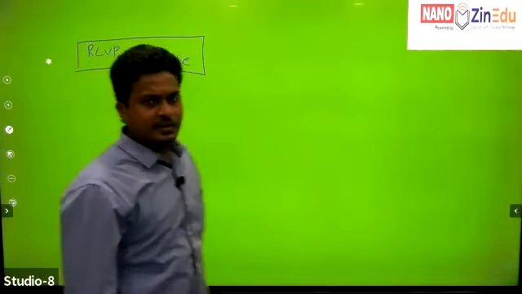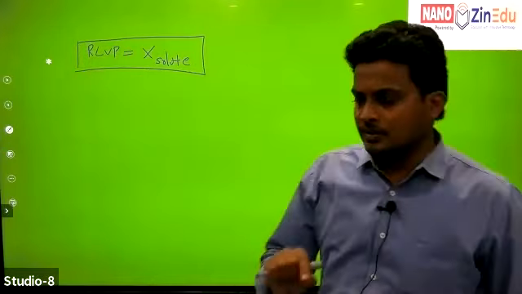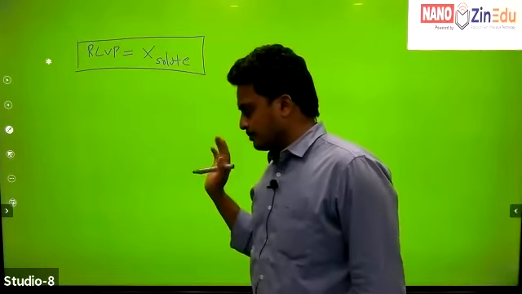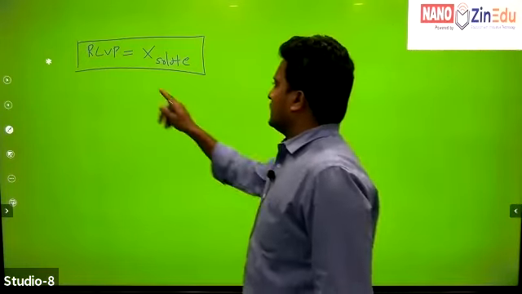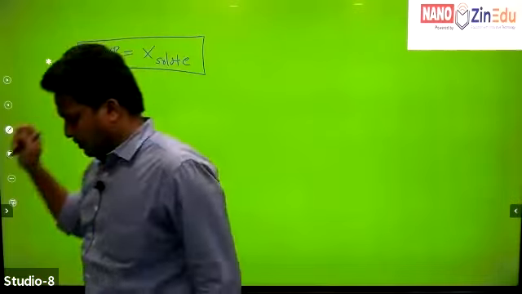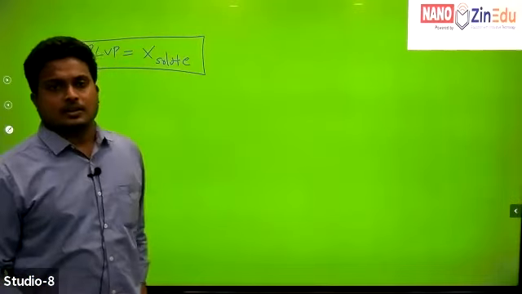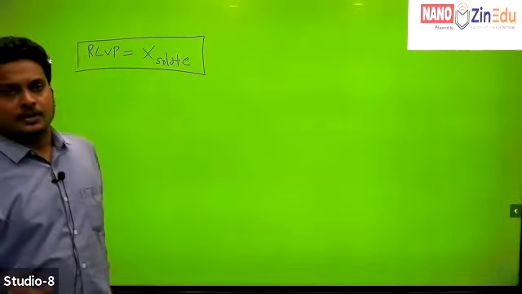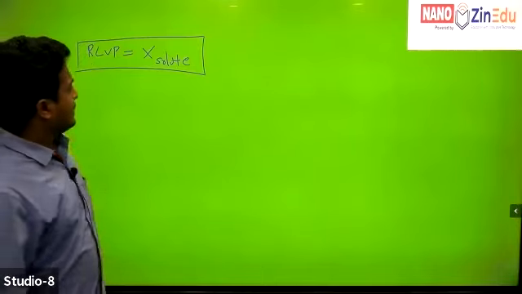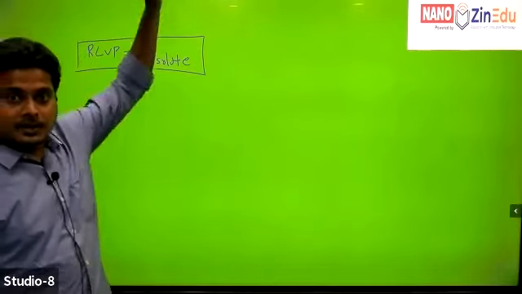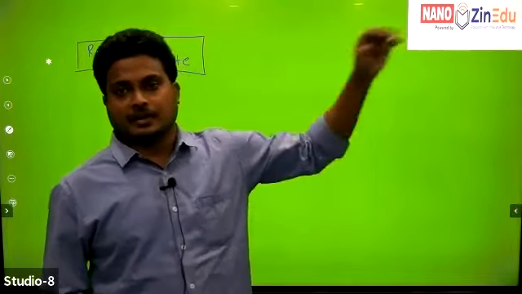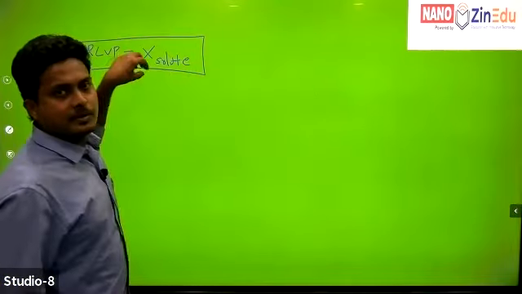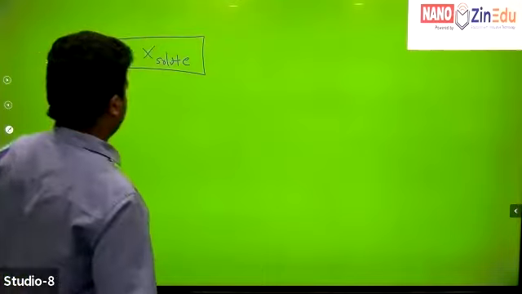Actually, this is not a regular class, so we are discussing only the important ones. Relative lowering of vapor pressure is equal to the mole fraction of solute. Actually, we have two types of Raoult's laws, first Raoult's law and second Raoult's law. This is the second Raoult's law. The first law tells about liquid systems, liquid in liquid type. But here we are discussing only solid in liquid type.